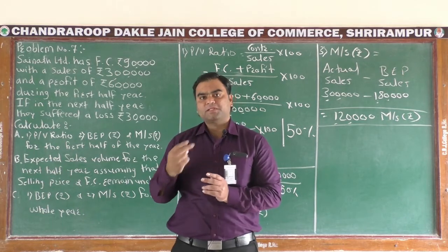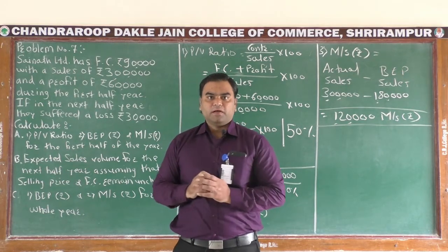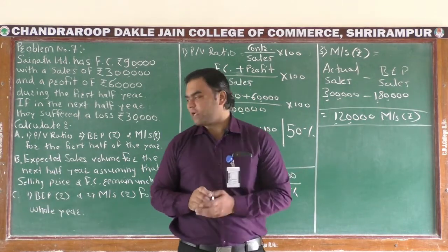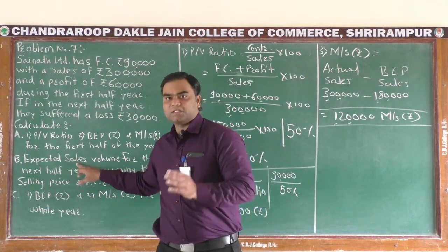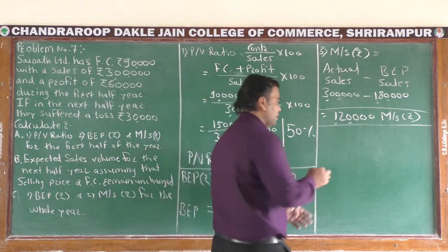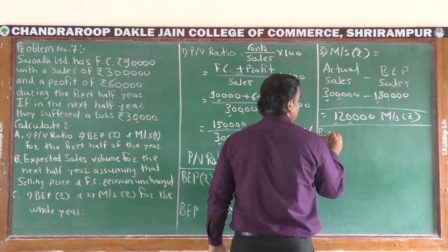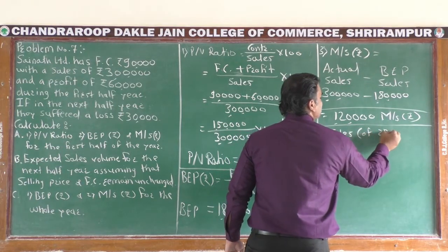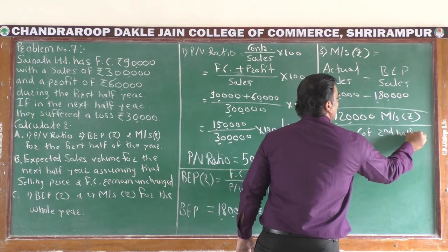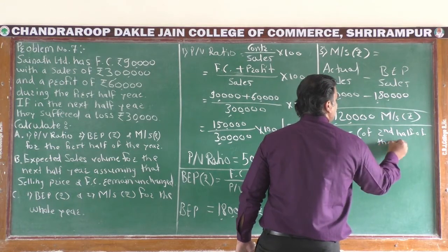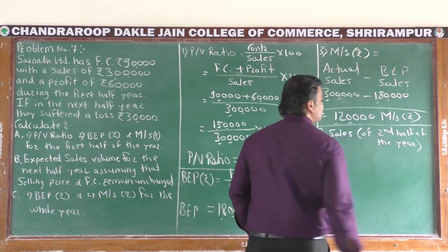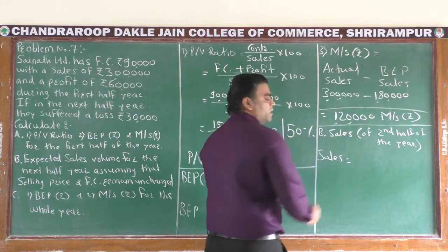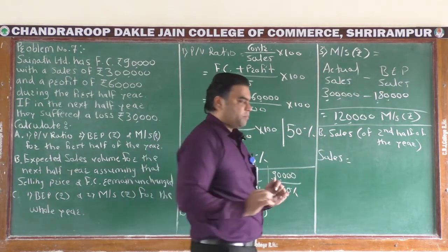These two items are available for second half of the year. By using that data we are going to calculate sales of second half of the year. So how to calculate the sales? Sales is equal to contribution upon PV ratio.